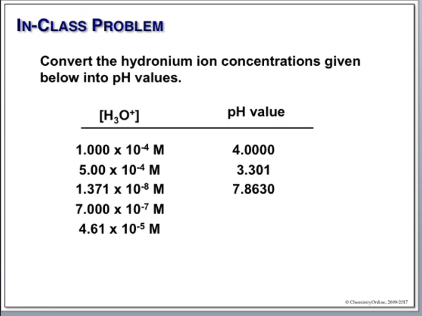Type this in. Hit the log button. Change the sign. 6.15. This is slightly acidic, isn't it? And our last one, 4.61 times 10 to the minus 5. Simply type it in, hit log, change the sign, and we're 4.33. Yeah?